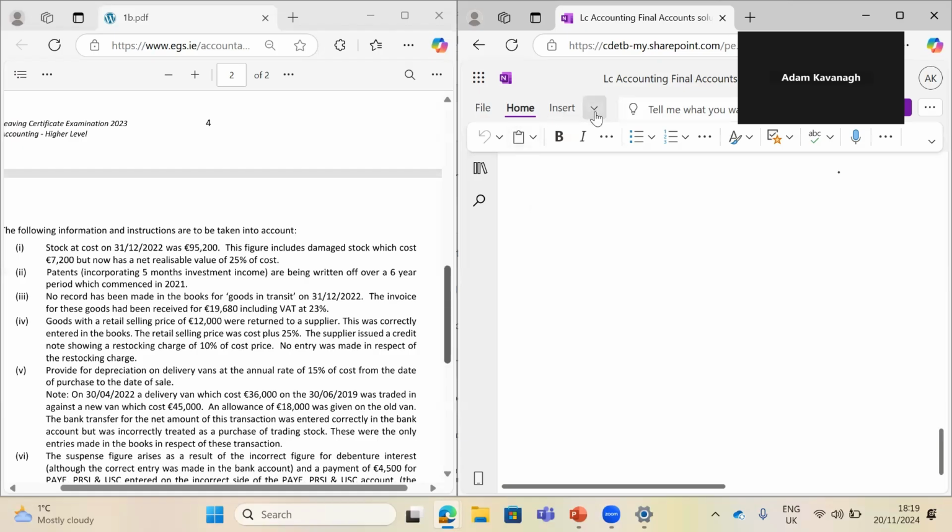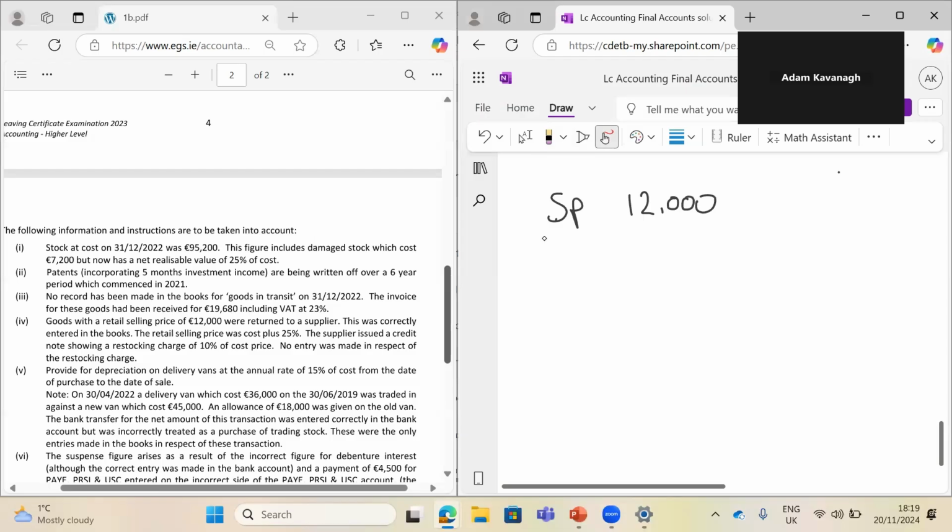So starting off, first we're just going to try and figure out, well, how much do we actually owe? So we have a selling price of 12,000.